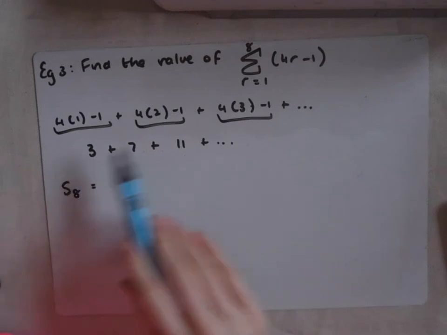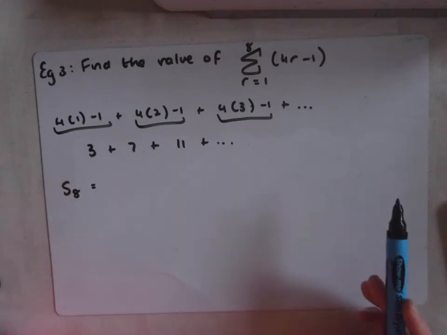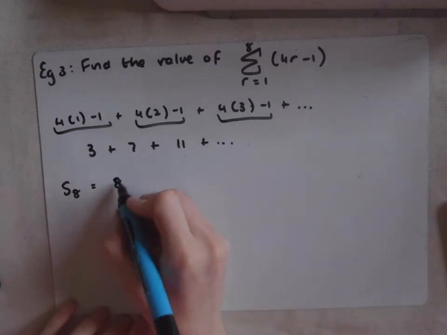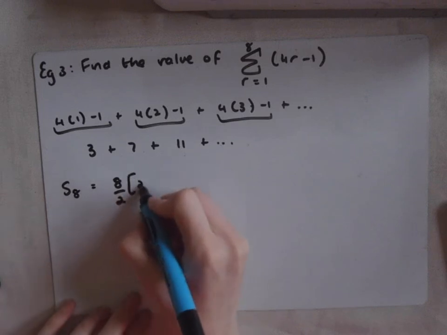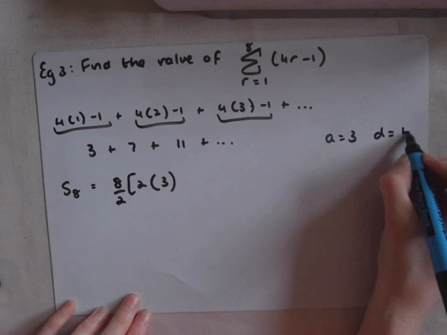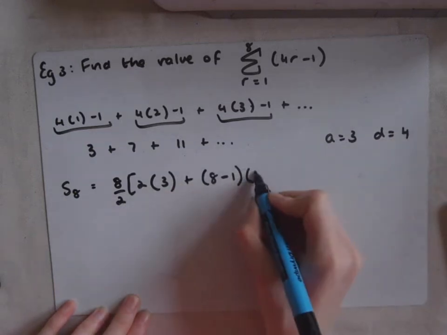Yes, I know you could just keep going and add on the first 8 terms, but we need to be able to do it in case they're asking us for much bigger numbers. So S of 8 is going to be n over 2, 2a, plus n minus 1 times d.